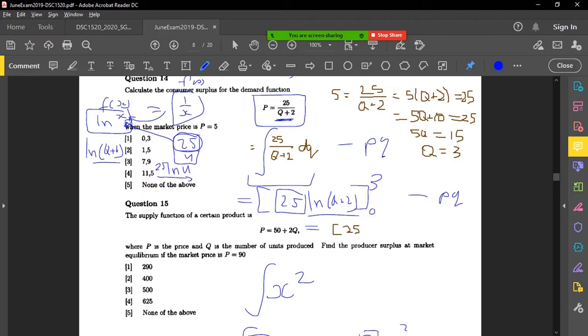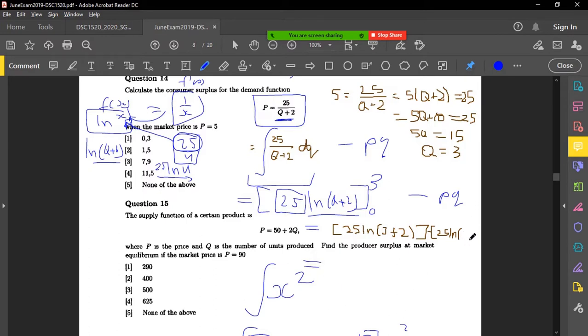So you have 25 ln of 3 plus 2, minus 25 ln of 0 plus 2. Sorry, the writing's not so great. 0 plus 2 is just 2.